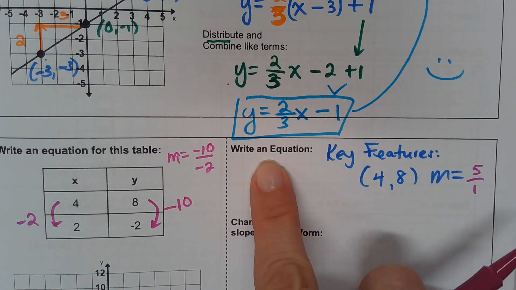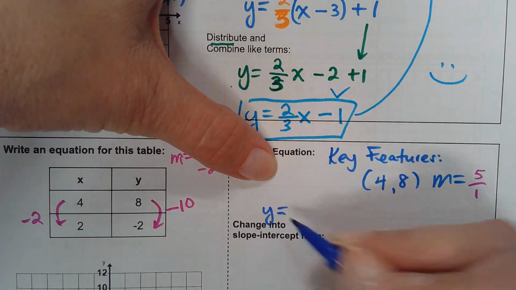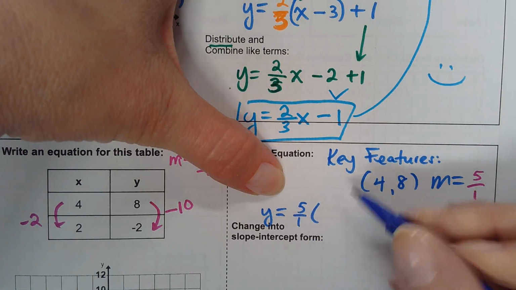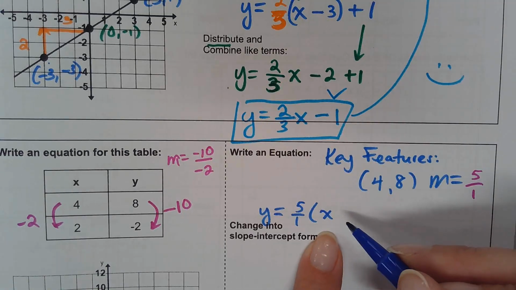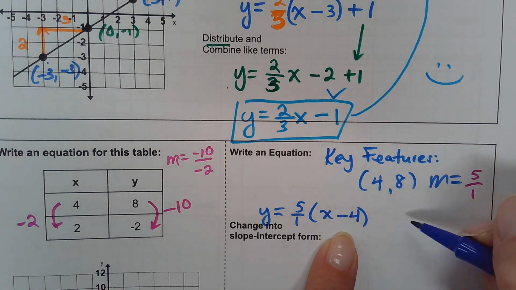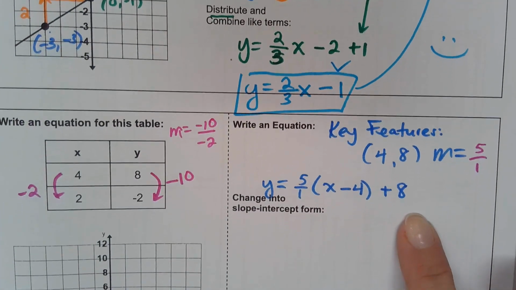And so now we can write the equation. y equals, the slope goes in front of the x. When we see +4, what do we put in our equation? -4, and the y number goes alone.